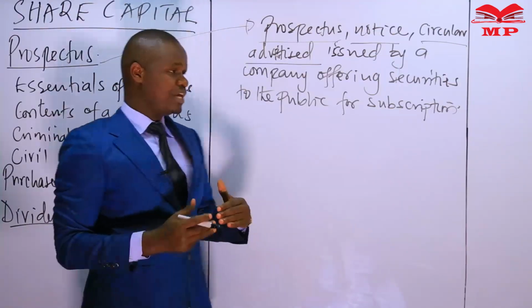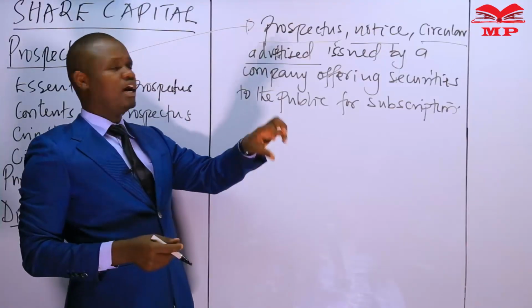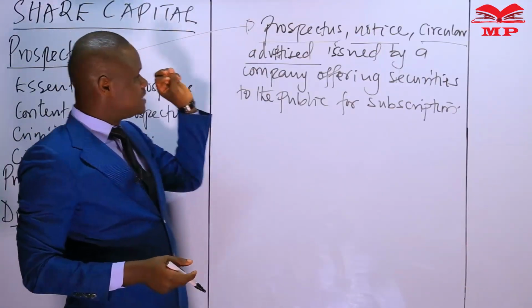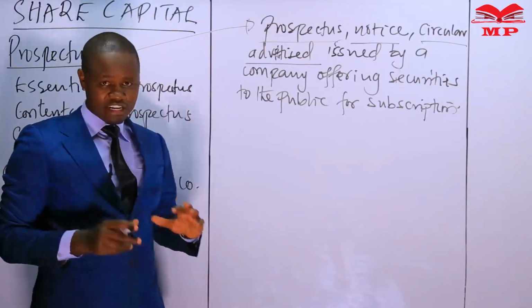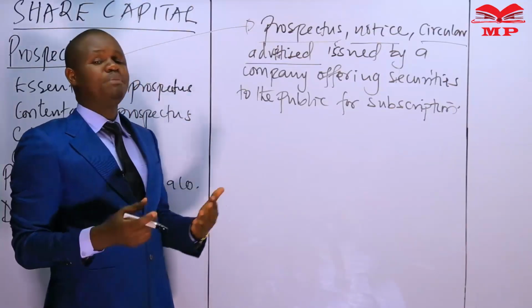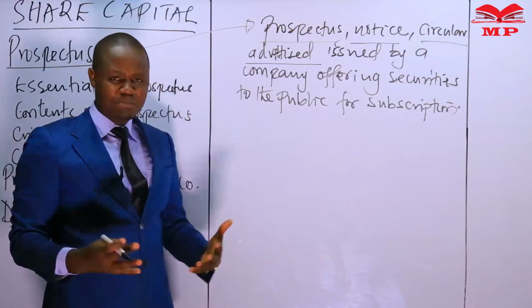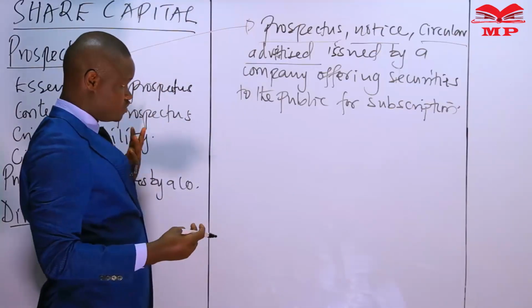Now, what we conclude is that there will be no specific format that this document may take. It could be in the form of a notice, a circular, or an advertisement. Simply put, no specific format that we expect of prospectuses, provided that it is a document containing those specific contents as we shall be discussing later on today.